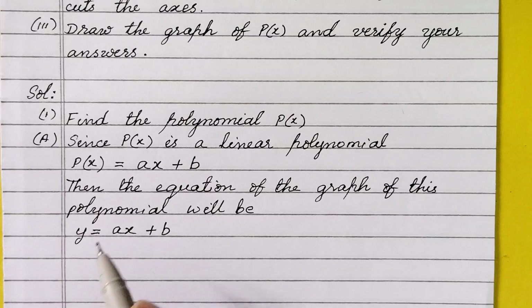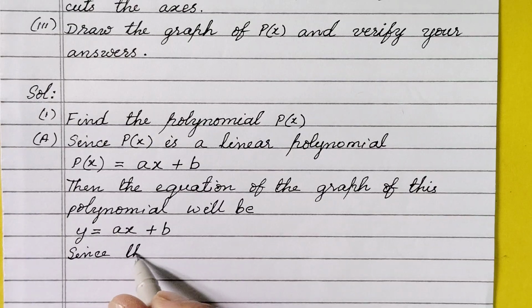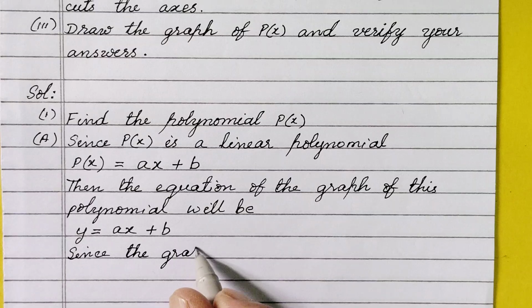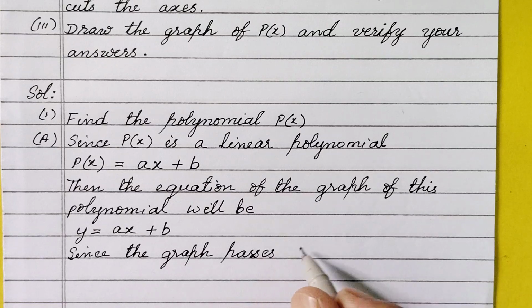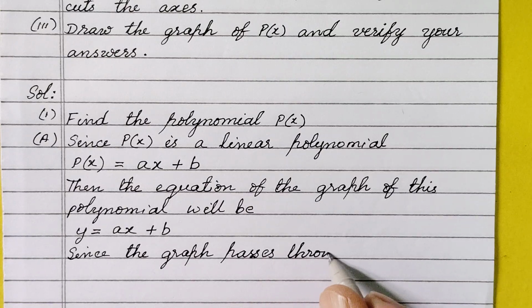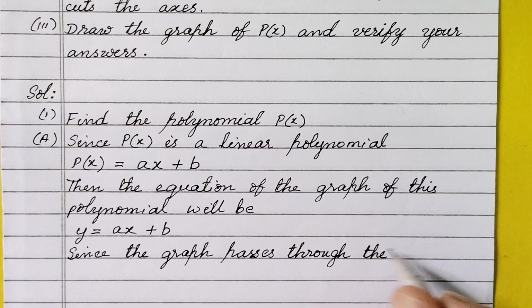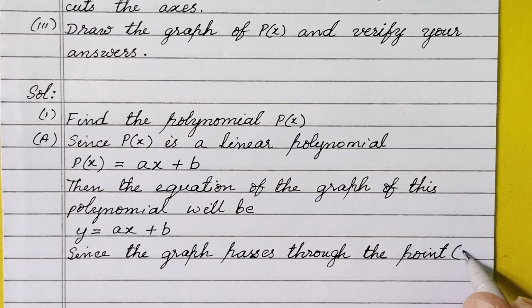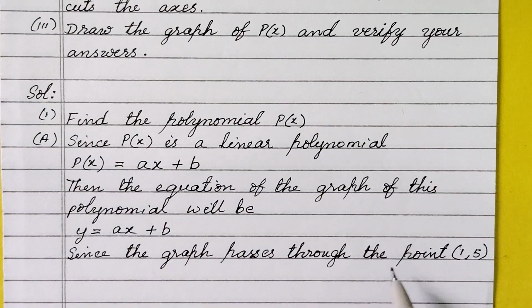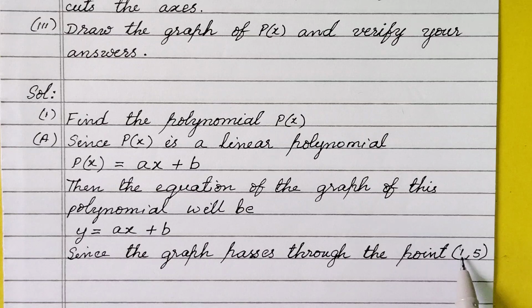Since the graph passes through the point (1, 5), in this equation we can substitute the values of x and y.